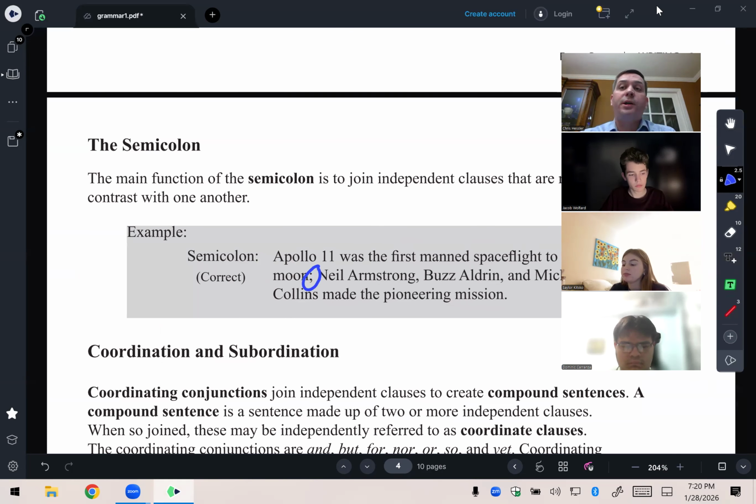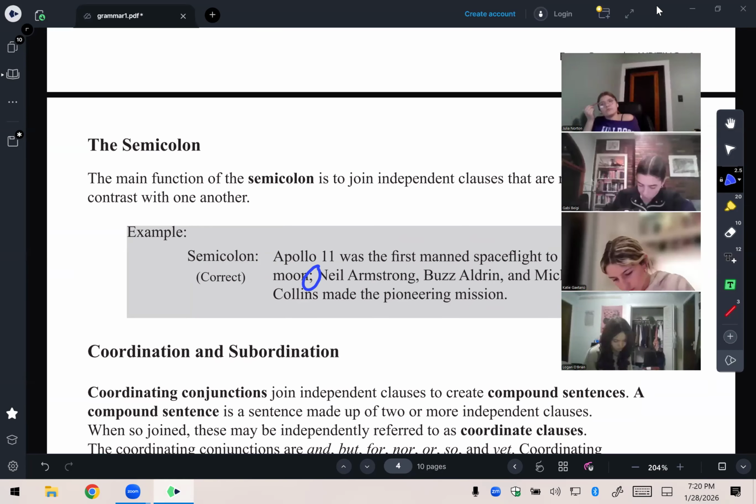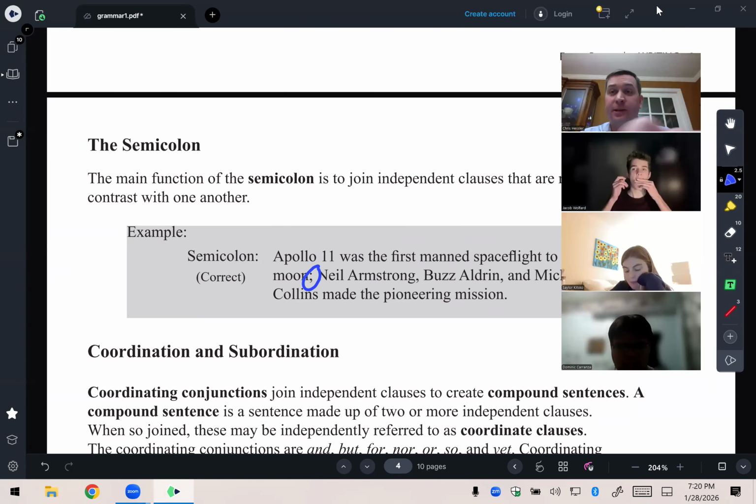There is only one other reason to ever use a semicolon in English. I am going to briefly mention it because I saw it on the SAT one time. It's a rare occurrence that you'll ever see this. But you know how you can use commas when you have items in a series? We played hockey, basketball, and football.